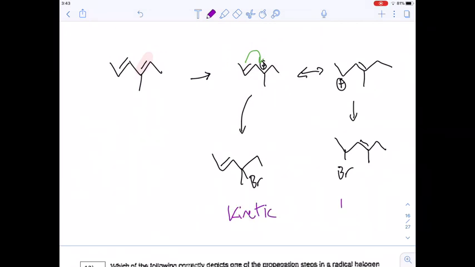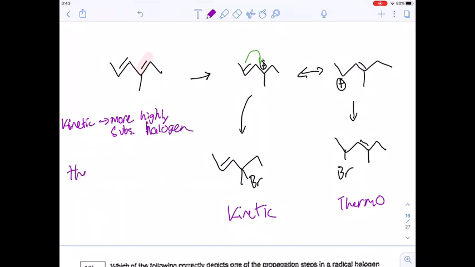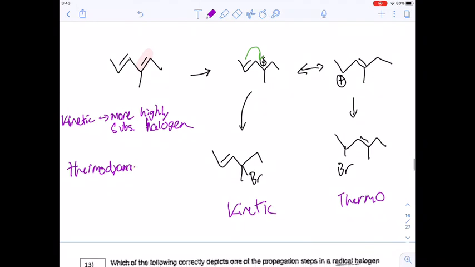Let me label them off to the side. Kinetic: more highly substituted halogen.